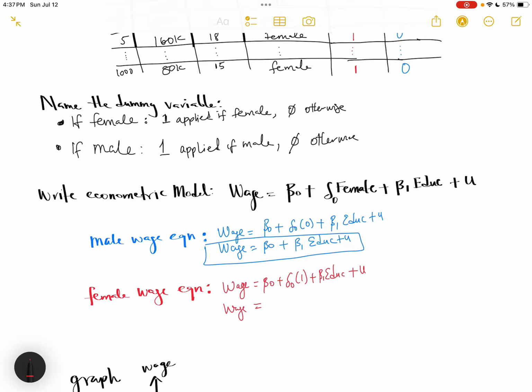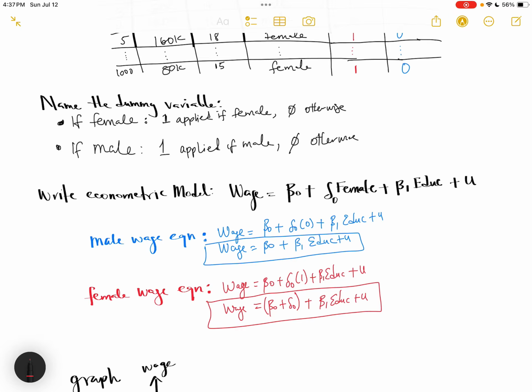And from here, we have wage equal to beta 0 plus delta 0, I'll put it in parentheses like this, as the intercept for the female equation, plus beta 1 times education plus u. So the female equation is this one.